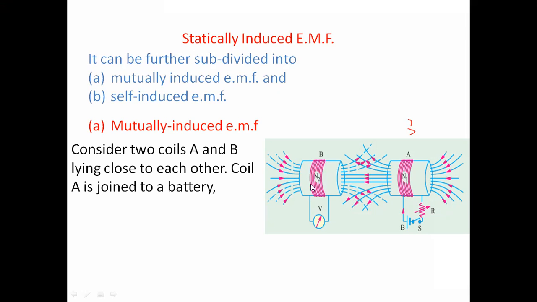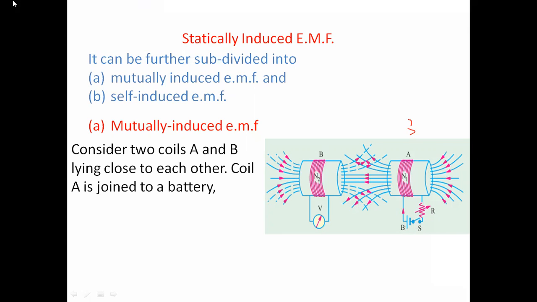This is coil B and this is coil A. Coil A is connected to a variable resistor, a switch, and a battery. The other coil, coil B, is connected to a voltmeter.